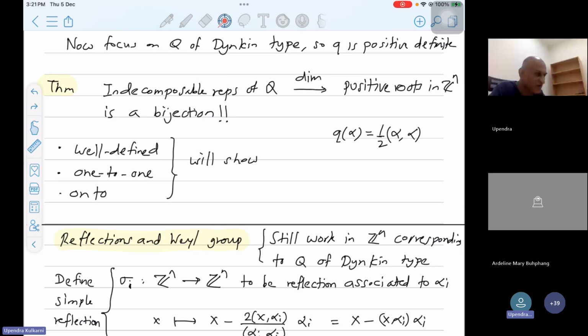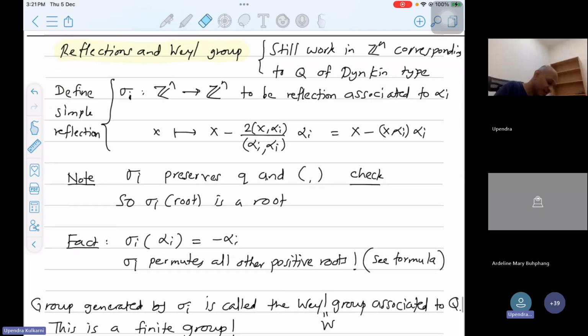Unfortunately, we cannot get there just yet because we still need some more work in the root system. So let's do that. And we add another star player over here, which is the Weyl group. So remember, I have Q of Dynkin type, so that means ADE, and I'm going to work in this Zn, there are still no representations.